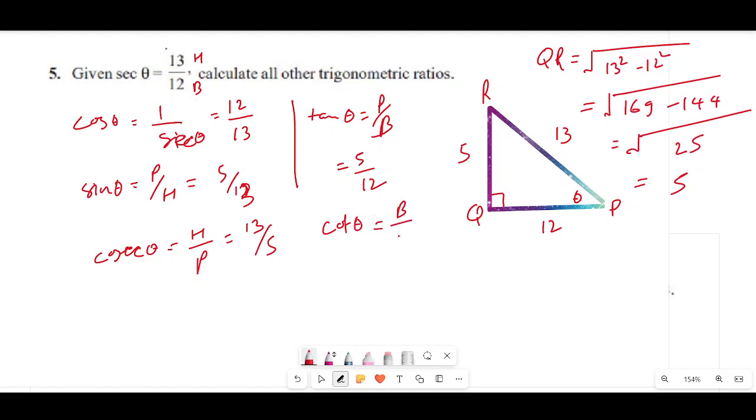So, b by p, then 12 by 5. So, this is our solution of the given question. Now, everything is right here. Clear? Now, we should move on to the next question.